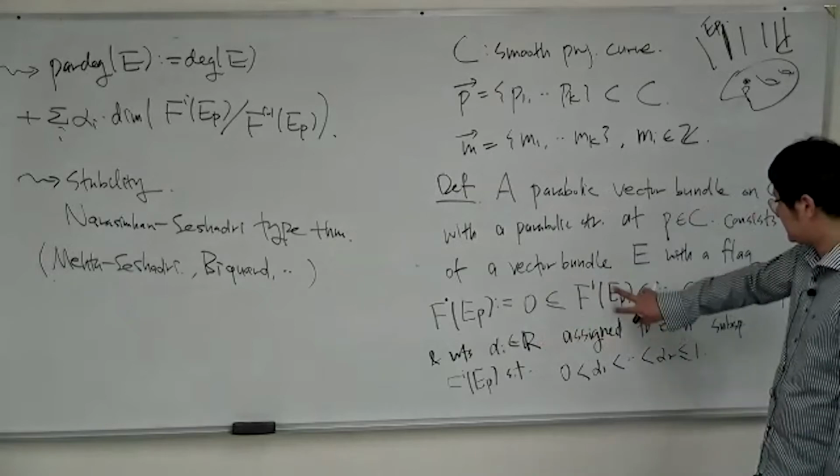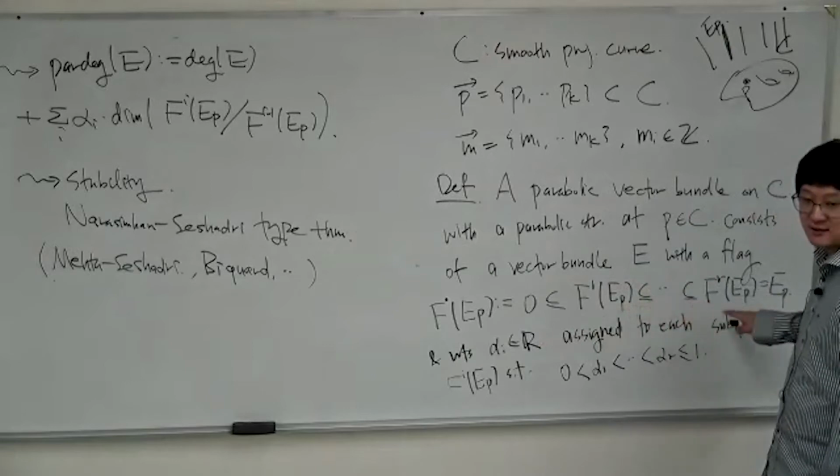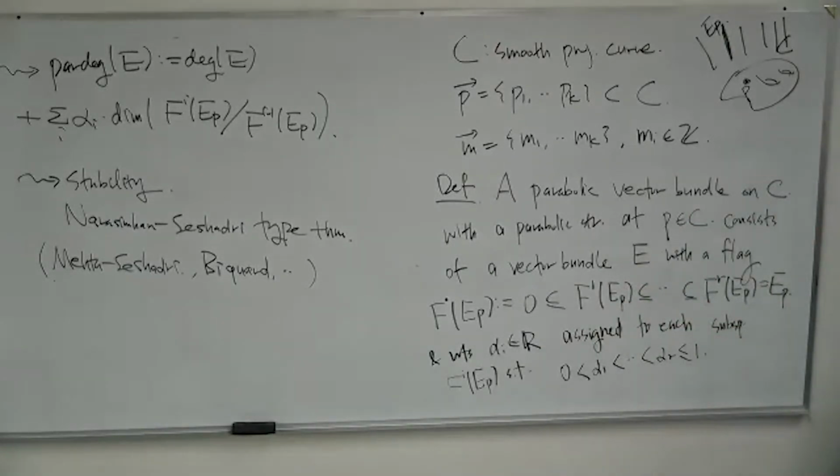I allow this space to be the same as this space, so the inclusion is not a strict inclusion. And can that vary from point to point, so one marked point has a flag of a different nature than another point? Yeah, that's also possible. Thank you.